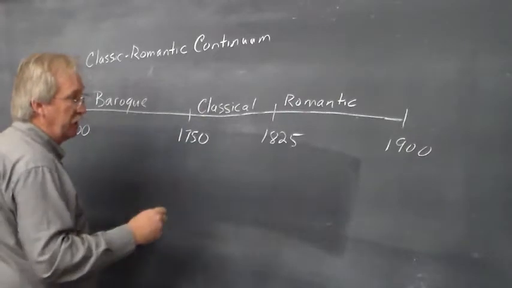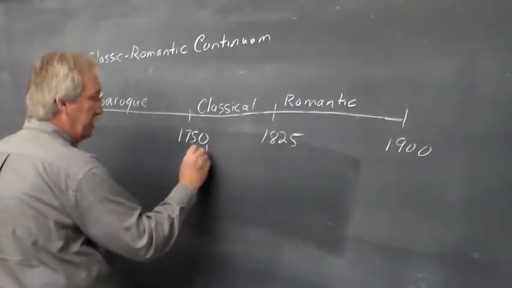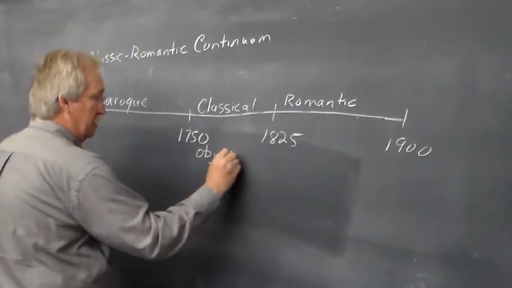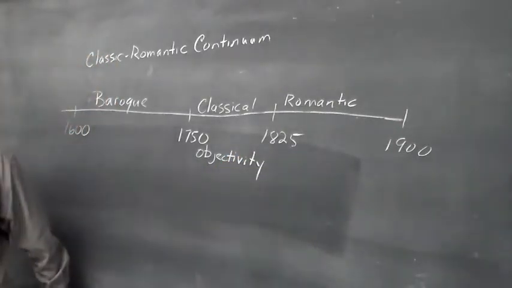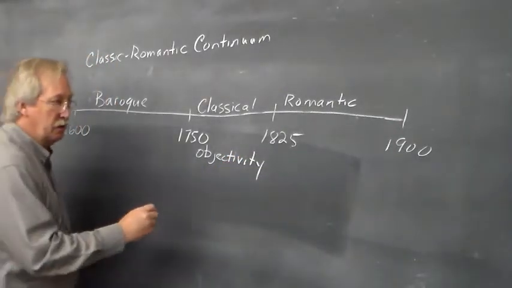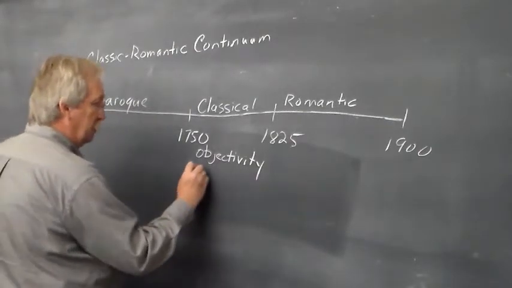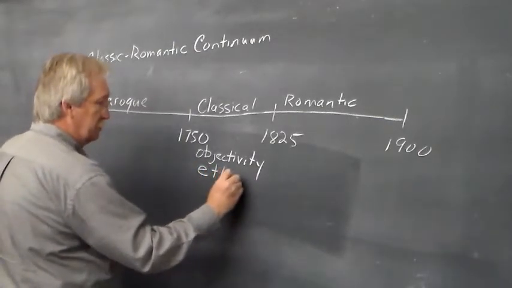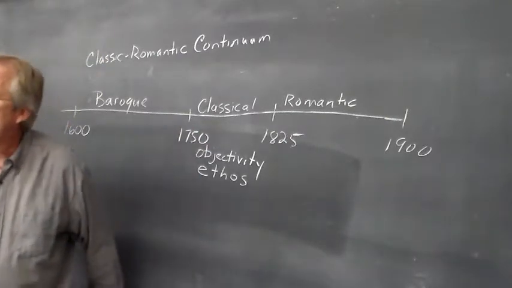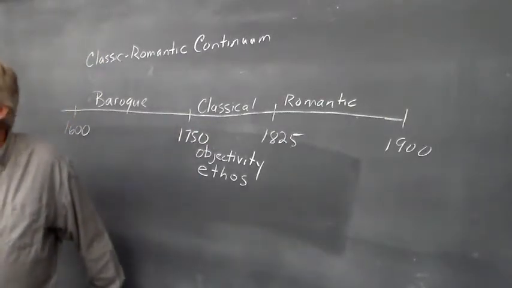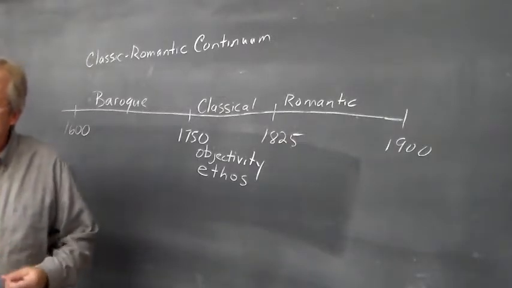So the classical era is an era that places great value in objectivity. And so terms like ethos, which has to do with the basic principle that underlies the philosophy for how decisions are made.